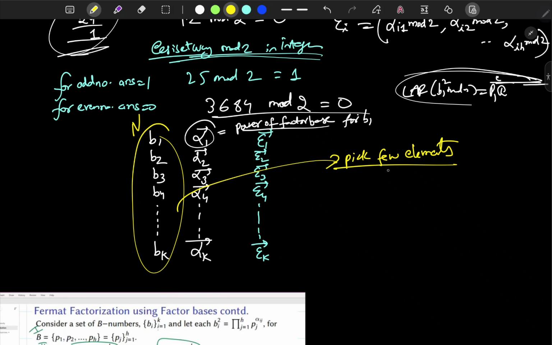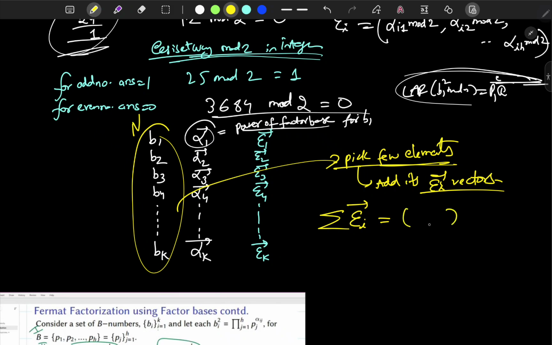When you pick a few elements, their corresponding epsilon vectors, when we sum them, should equal 0. You got my point? Pick a few elements such that adding all their epsilon i vectors gives some vector, and on that vector, if you again apply mod 2, it should become the 0 vector.